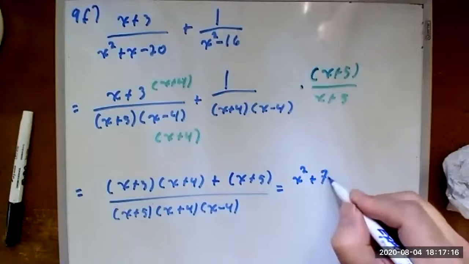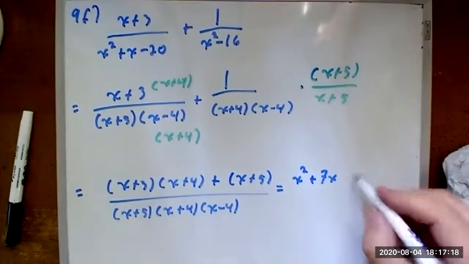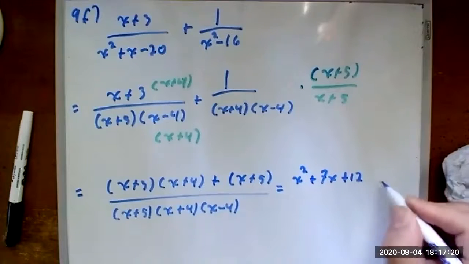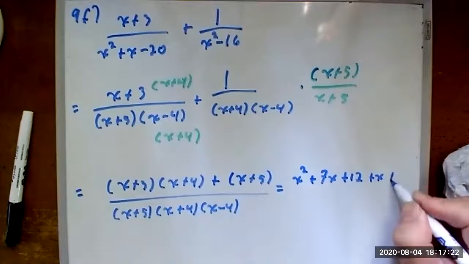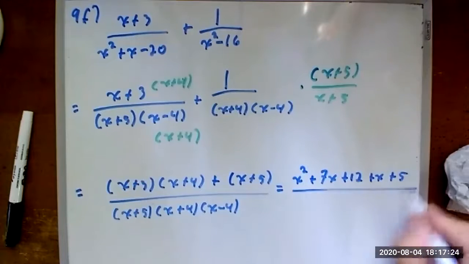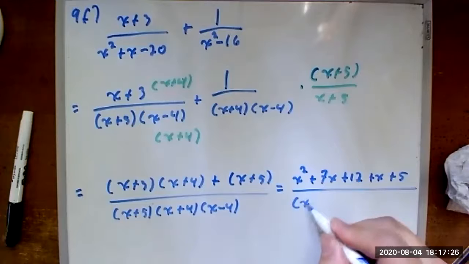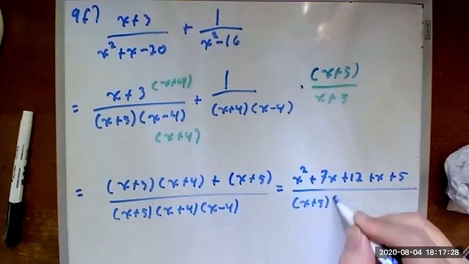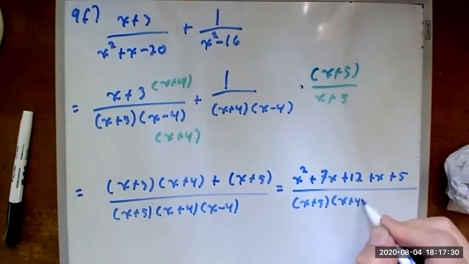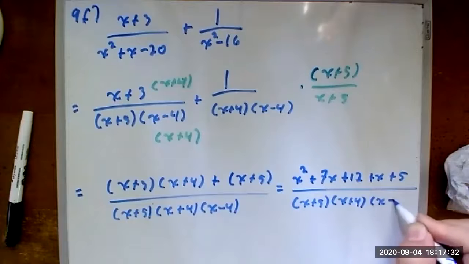Cleaning it up a little bit, x plus 3 times x plus 4 gets me x squared plus 3x plus 4x gets me 7x in the middle. 3 times 4 is 12, plus x plus 5.